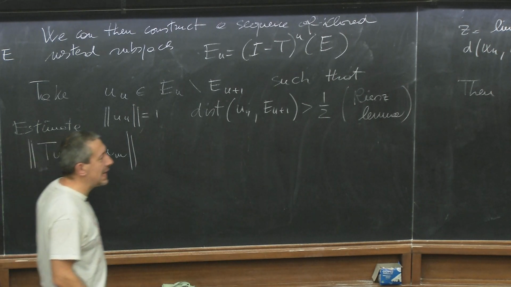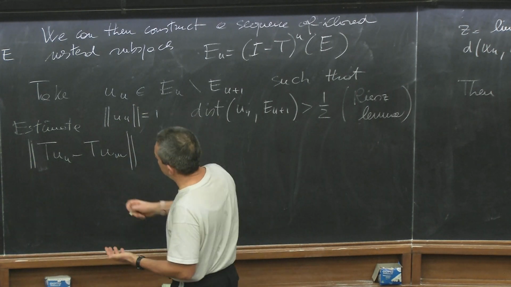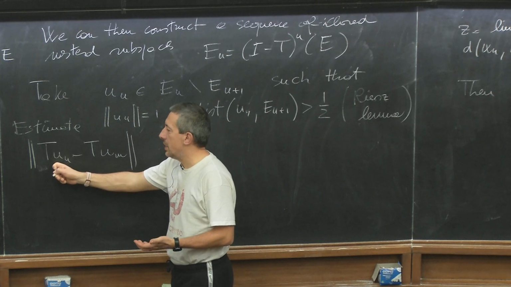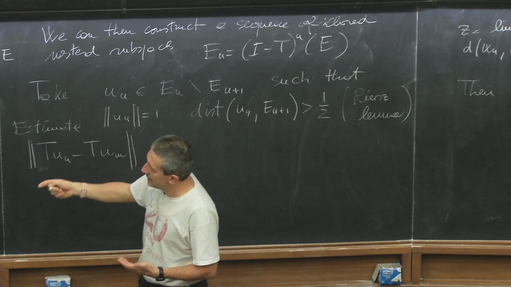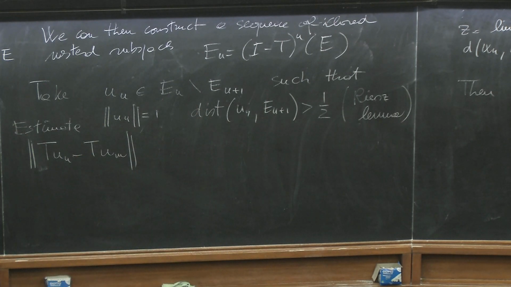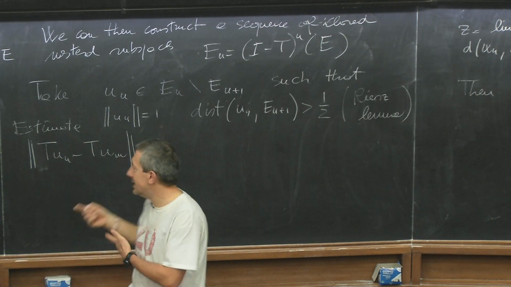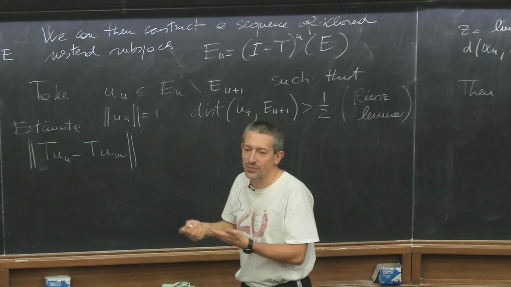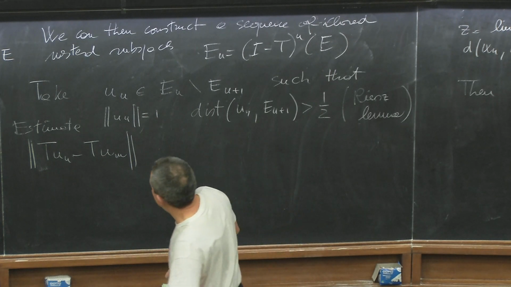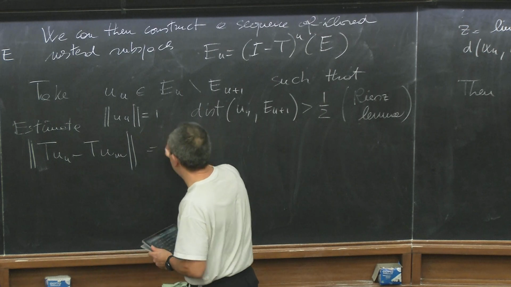Essentially, I want to use that identity minus T maps one subspace into the next one in order to show that the distance of this should be larger than 1/2. Okay, so this is just algebraic computation.